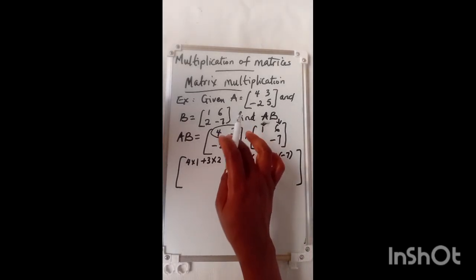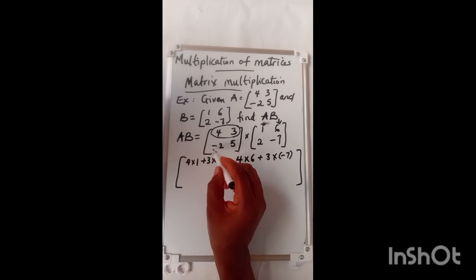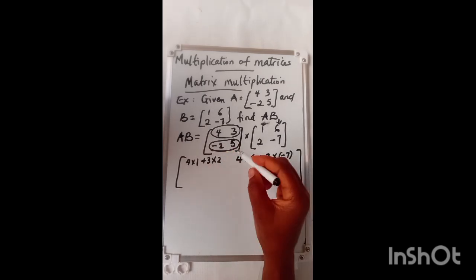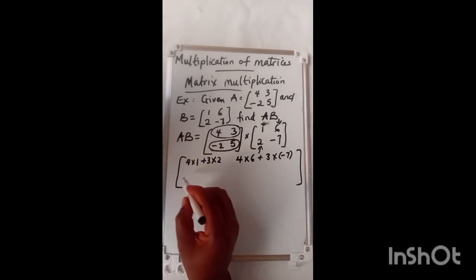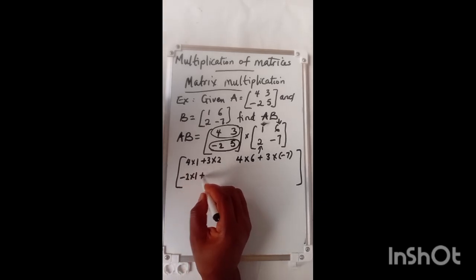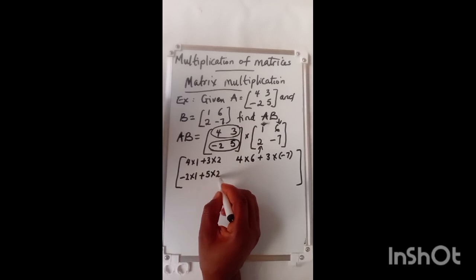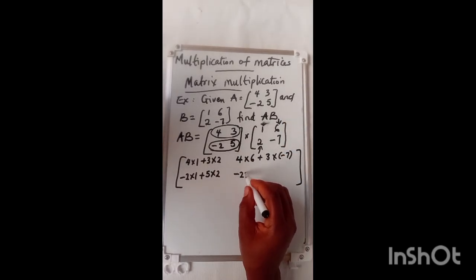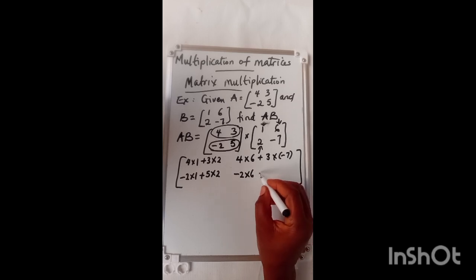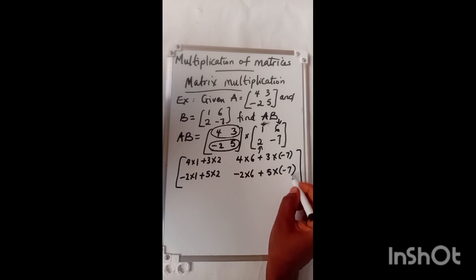We move on to the next row, this second row of matrix A. This will be used to multiply the first column in matrix B. So this gives us minus 2 times 1 plus 5 times 2. We move on to the second column: minus 2 times 6 plus 5 times minus 7.